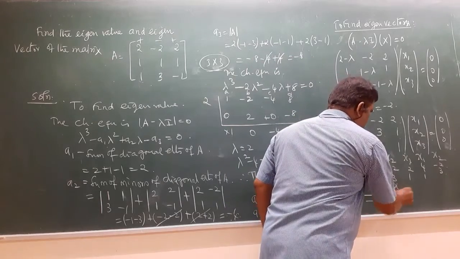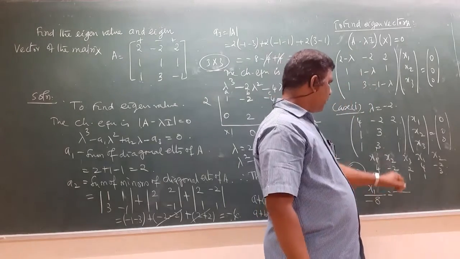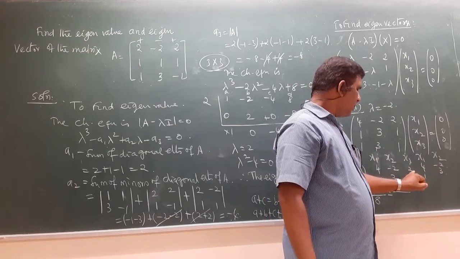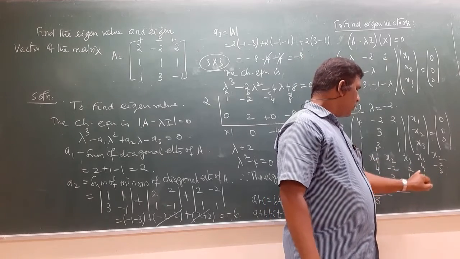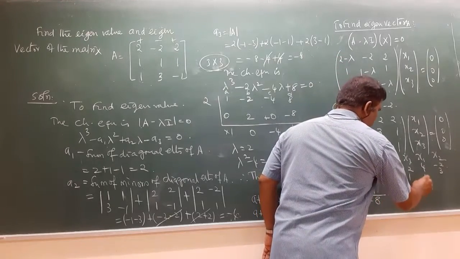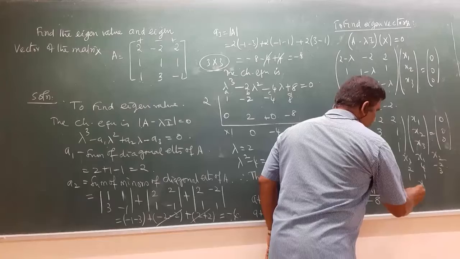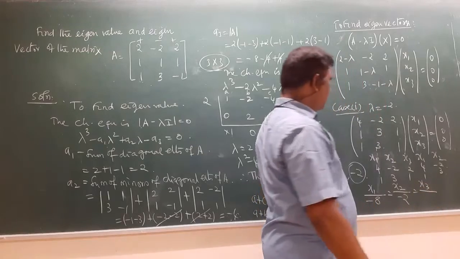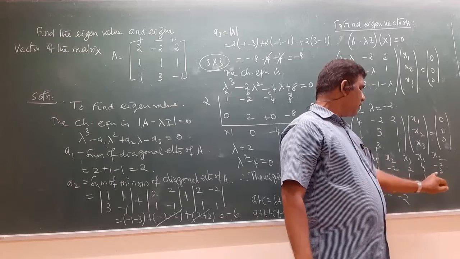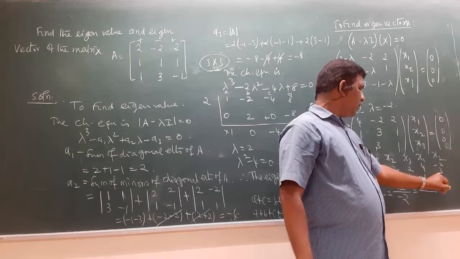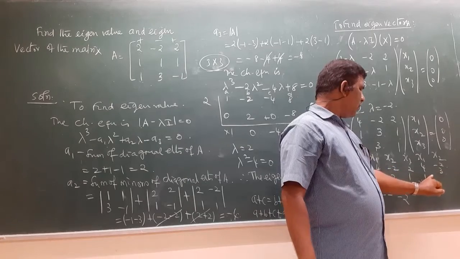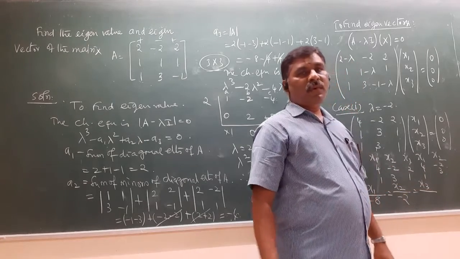For x2, leave the respective column and take the determinant of the next two columns. That means 2 minus 4, which is minus 2. For x3, leave the respective column and take the determinant of the next two columns. That is 4 into 3, 12 plus 2, 14.